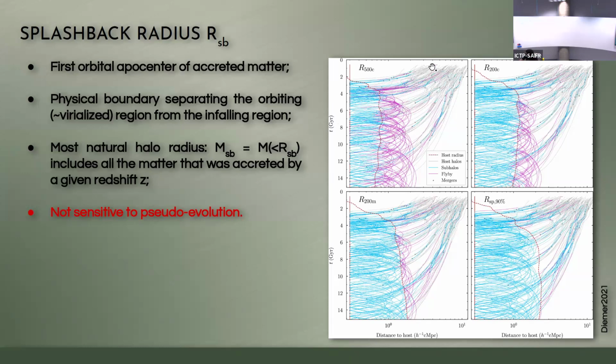So a particle comes from a higher distance, goes to the center, and splashes back. It should go through the center and back, no? Yes, but you're truncating it in the center, because this is a radial plot.